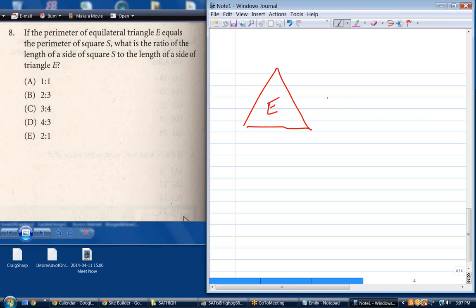Three to 4? Hold on. Once again, I haven't even read the problem. Wait, no, I don't think that's right. Never mind.